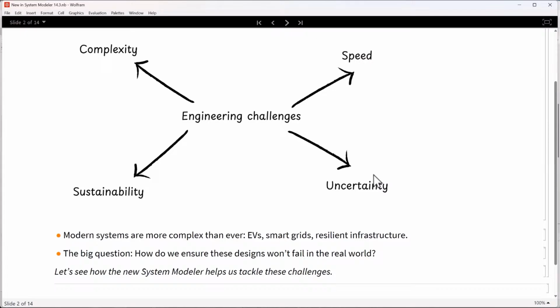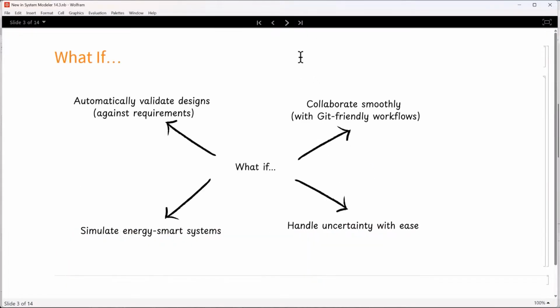And the question is how do we design systems that don't fail under these pressures? Let's flip that challenge around. What if we could design in a way that anticipates these uncertainties?